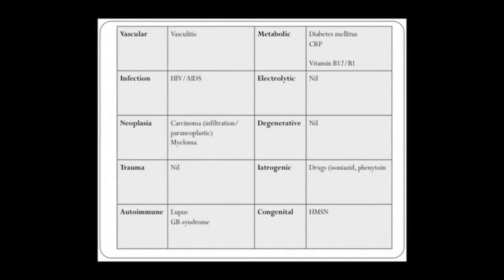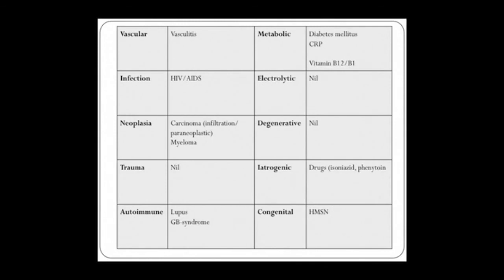Trauma, well, not really, because remember, trauma usually causes the mononeuropathies. Autoimmune disease, we've spoken a little bit about Guillain-Barré, your post-infective polyneuropathy, and lupus, of course, the House enthusiast, can also cause it. Metabolic: diabetes mellitus and renal failure. Renal failure is really common. Toxic uremias cause peripheral neuropathy.